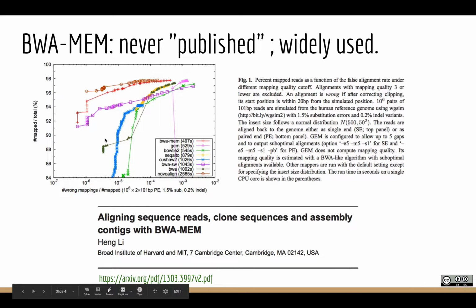This is a so-called receiver operating characteristic curve, which is a mouthful, but it's basically showing the trade-off between false alignments on the x-axis and true, accurate alignments. So an ideal aligner would have a shape that goes like this, like on this rectangle. Each of the lines represents a different aligner, and each of the points represents different parameter settings for each of these aligners, trying to measure the trade-off between false positive alignments and true positive alignments.